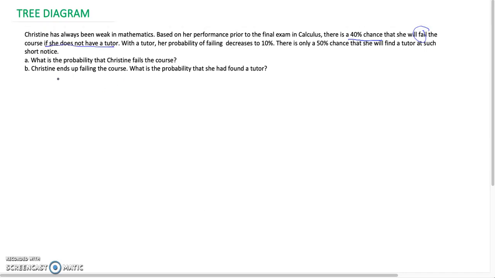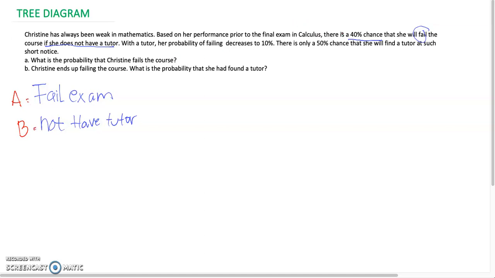So here we have the events: fail exam and not have tutor. Let us define this as event A and this as event B.